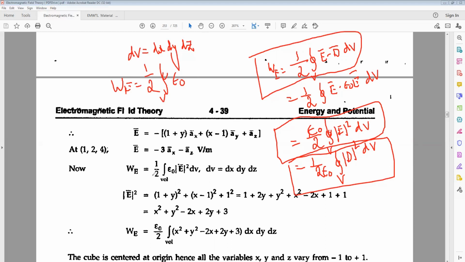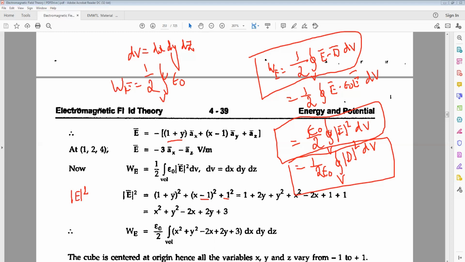You have to find the magnitude. Magnitude means ax bar coefficient squared, ay bar coefficient squared, and az bar coefficient squared. Okay, the squared magnitude. Magnitude is only under root, but they're asking for the squared magnitude, which means there is no square root. So (1 + y) whole square, (x - 1) whole square, plus 1 square.